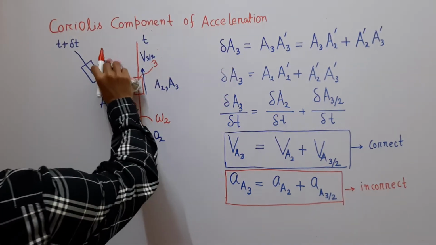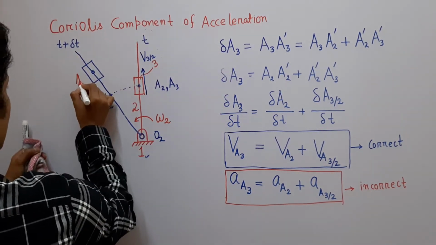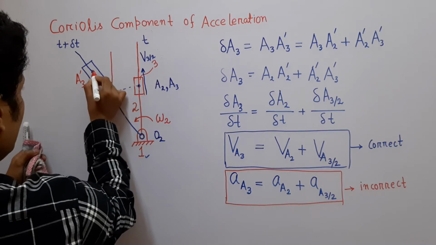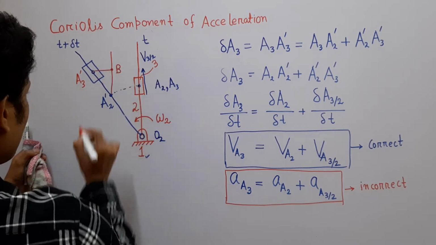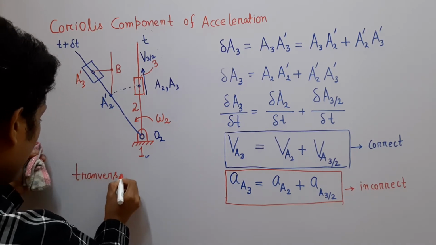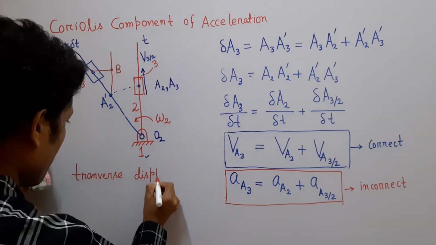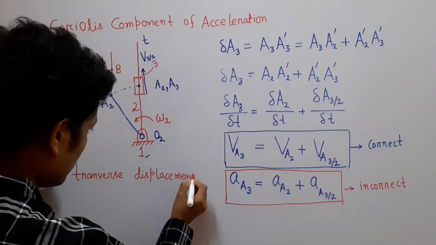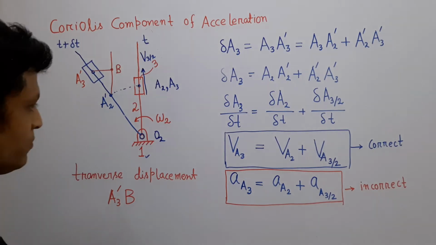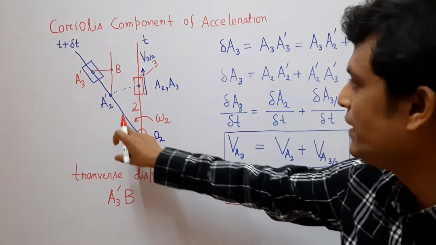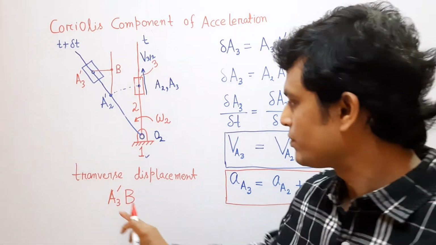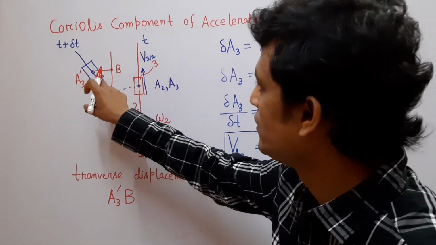What is the transverse displacement? Let me write here, this point is A3 prime, and the transverse displacement is A3 prime B. An observer sitting on link 2 will not experience this displacement because it is transverse to link 2.